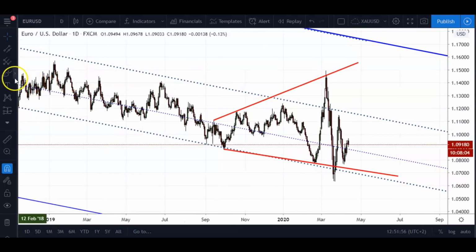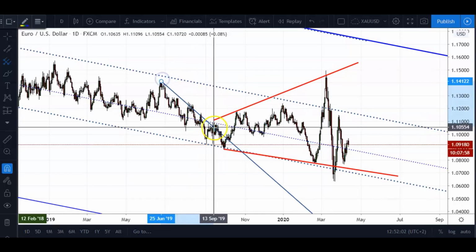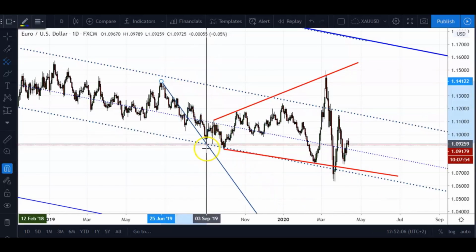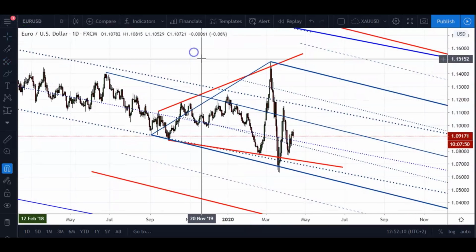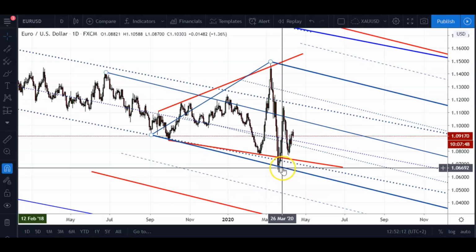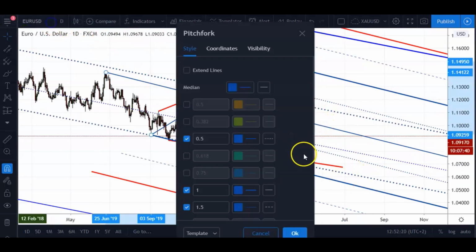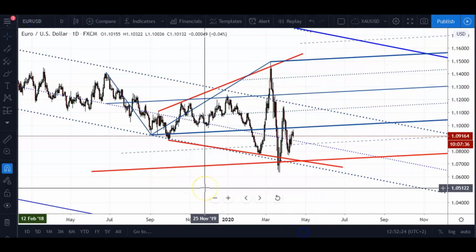But what is important and quite interesting about this trade as well is that if you use this previous move into this low that I believe started off this pattern and you expand it, if this was an E wave, then look where support came in at this lower red median line of the standard pitchfork. And let me just switch that to a shift pitchfork just to show you guys something.